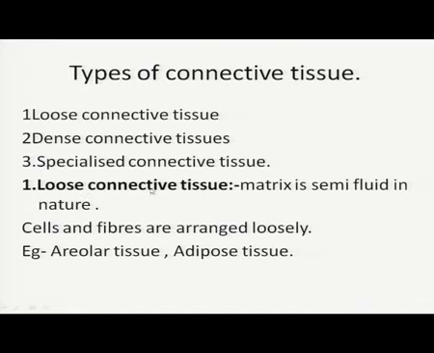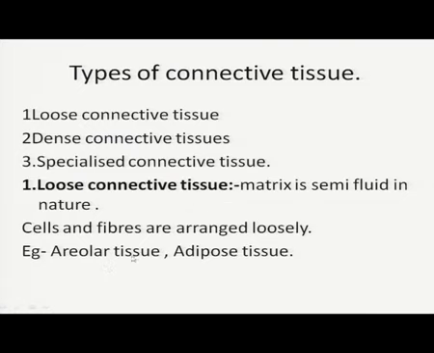Coming to the first category, loose connective tissue. The matrix is semi-fluid in nature, and cells and fibers are arranged loosely here in the matrix. Hence, it is known as loose connective tissue.